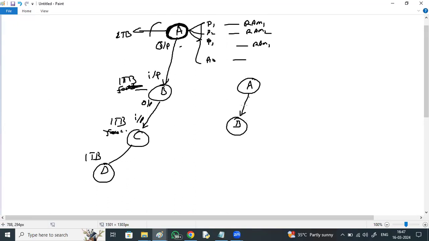After B collects the output of A and B's computation is finished, A is going to be removed from the RAM. Observe here, whenever B has collected the total A output and B's computation is finished, A and its partitions are going to be removed.